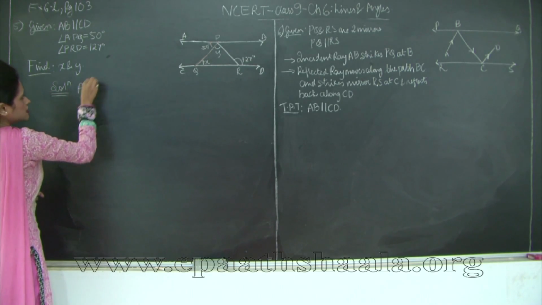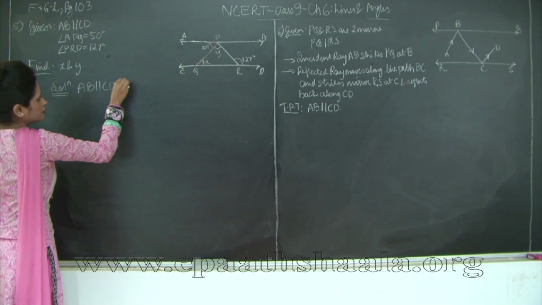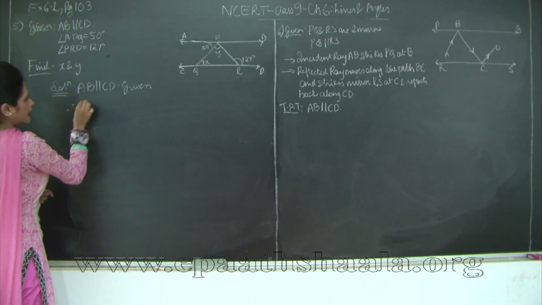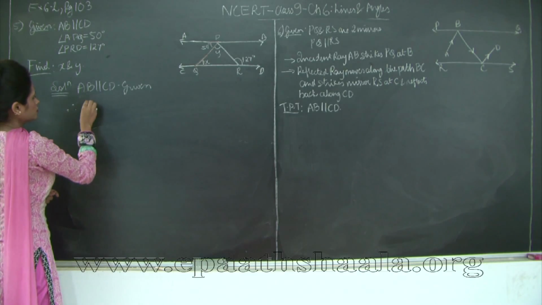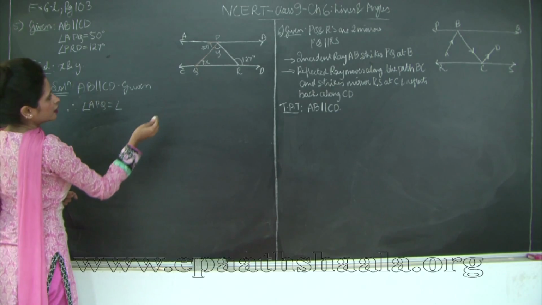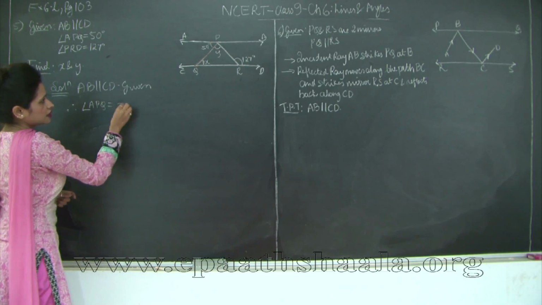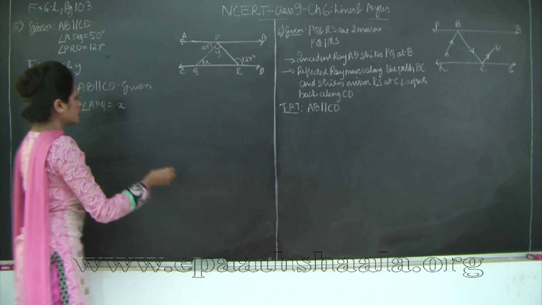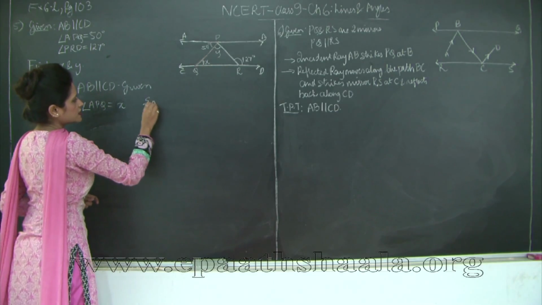AB is parallel to CD, given. Therefore angle APQ is equal to X, correct? Because we need to find the value of X, therefore I am just writing X. I will say why? Because alternate angles.